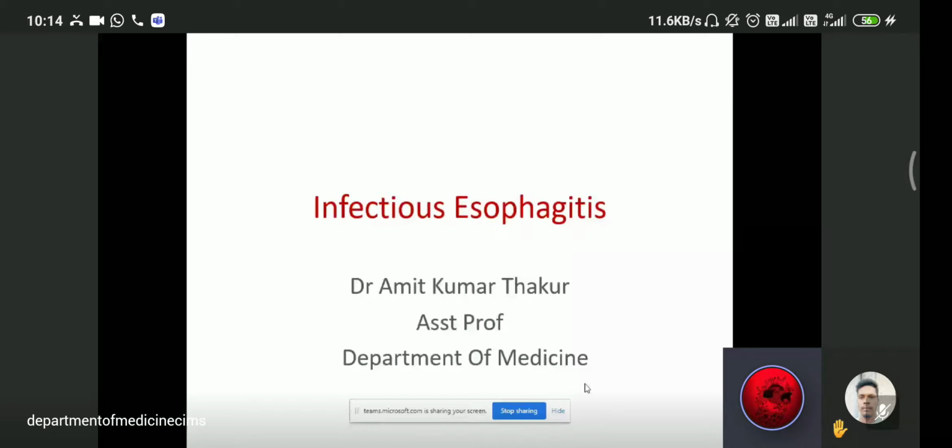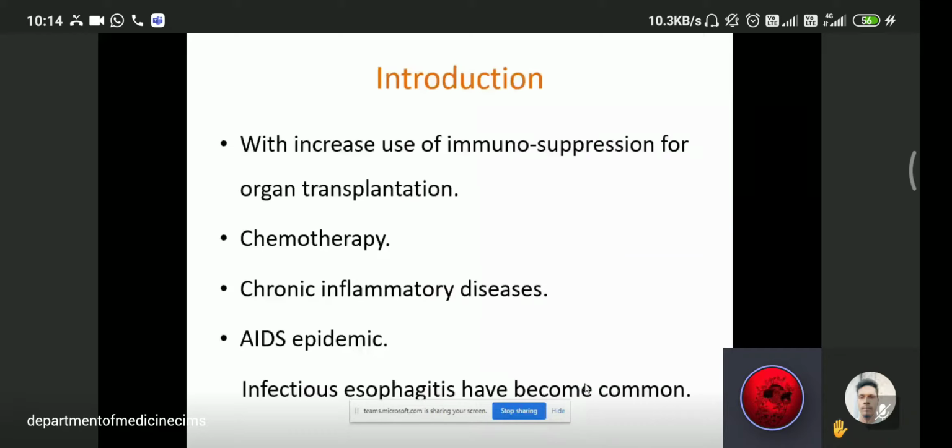This is because of increased use of immunosuppression, particularly for organ transplantation as a therapy, increased use of chemotherapy, radiotherapy, chronic inflammatory disease, and AIDS as an epidemic.